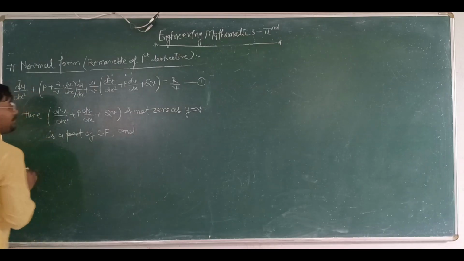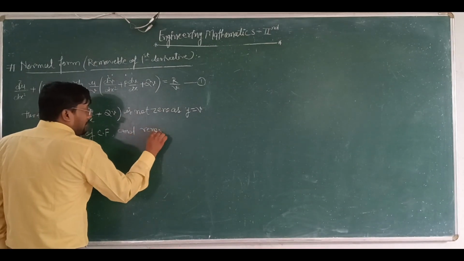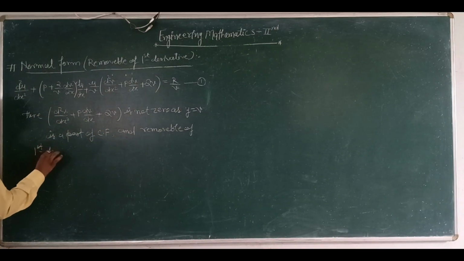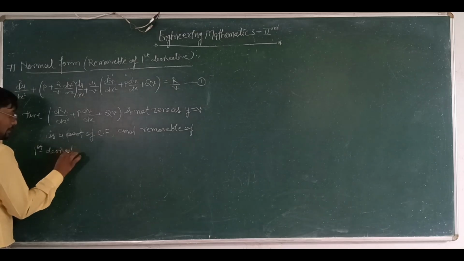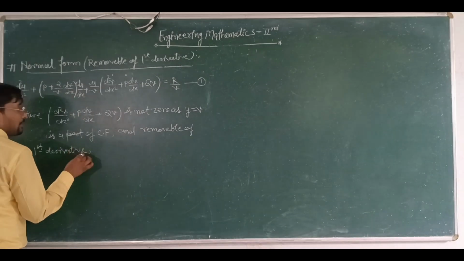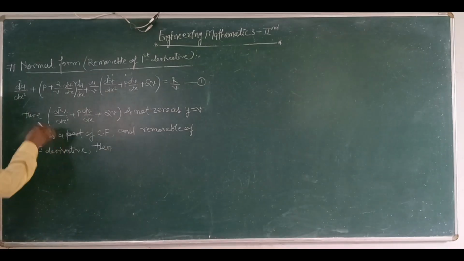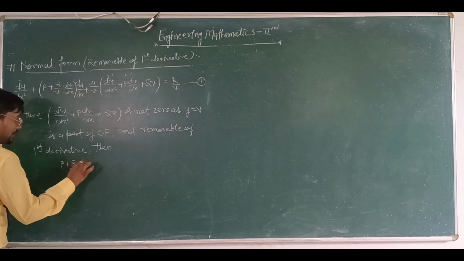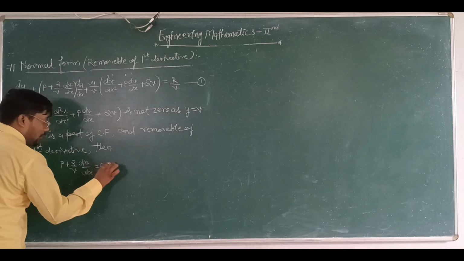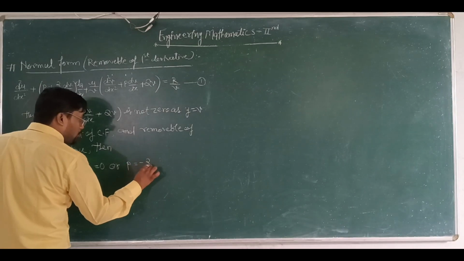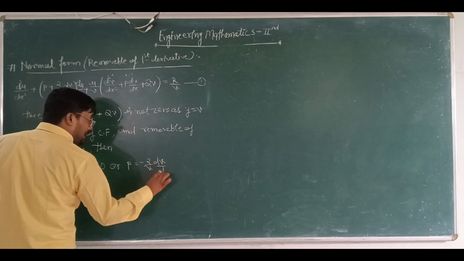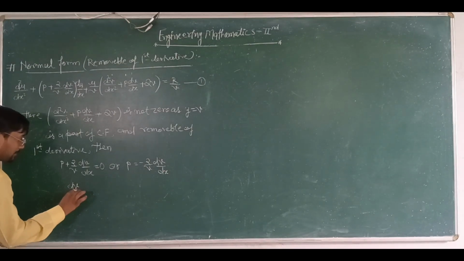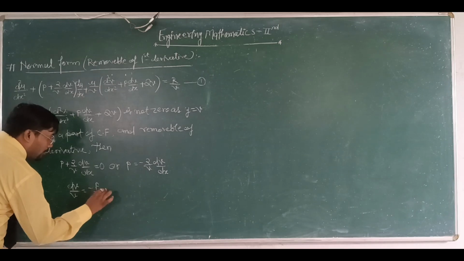And for removal of first derivative, p plus 2 by v into dv of dx is equal to 0, or you can know p is equal to minus 2 by v dv of dx, or you can simply write dv by v is equal to minus p by 2 dx.